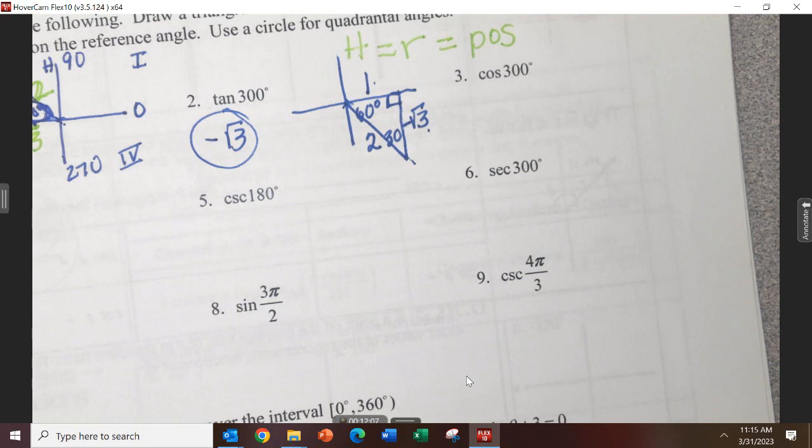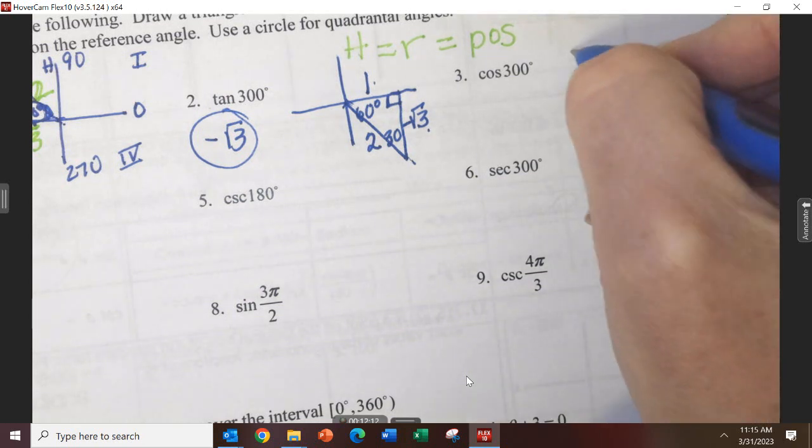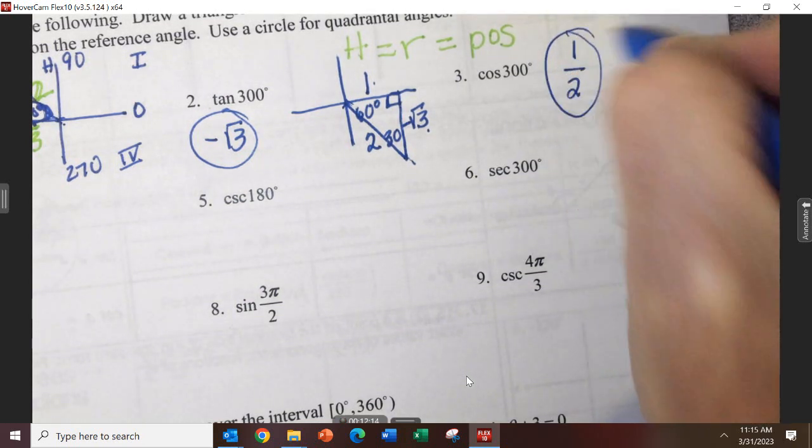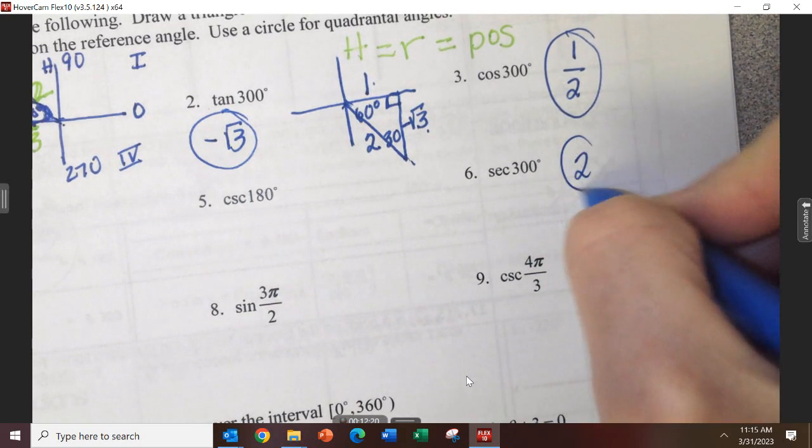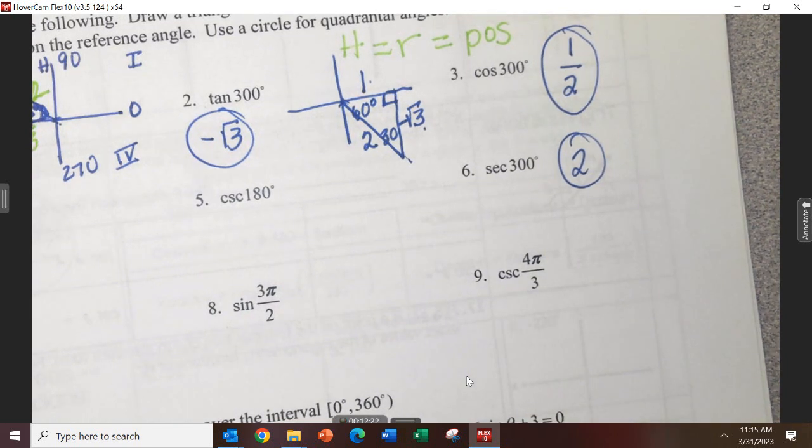All right, you should be finished. Sophie, what'd you get for the cosine of 300? 1/2 is correct. Long, what did you get for the secant of 300? 2 is correct. Did you guys get those right?